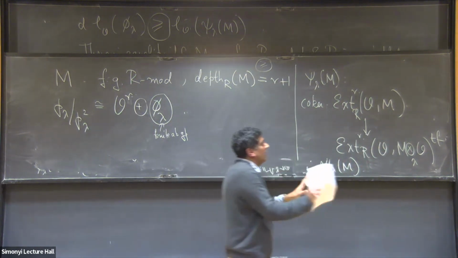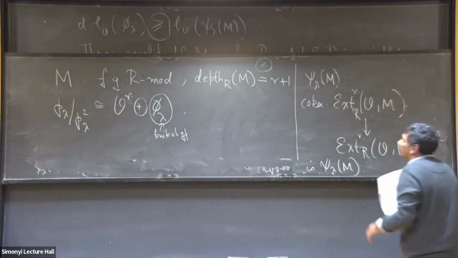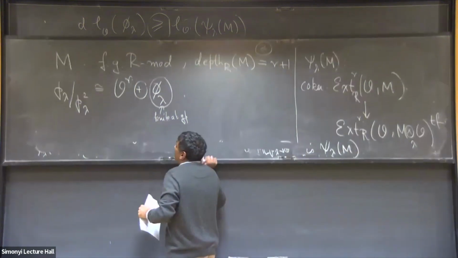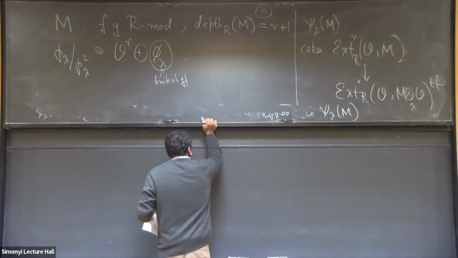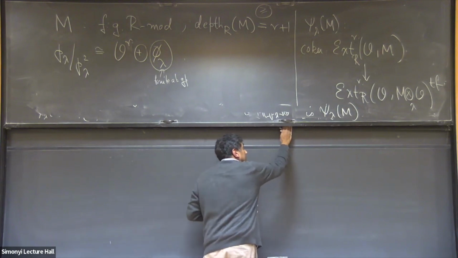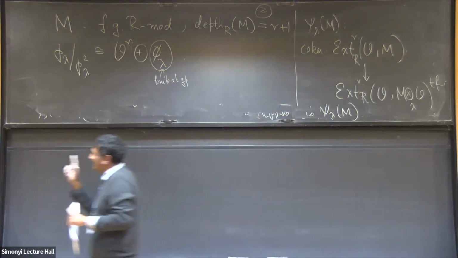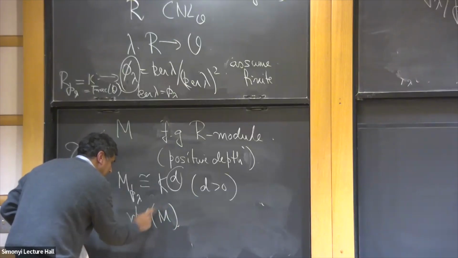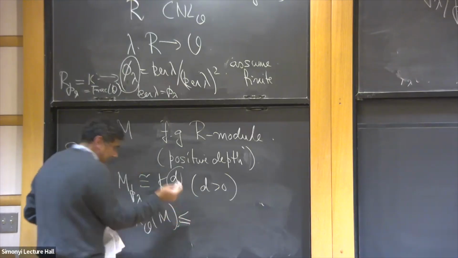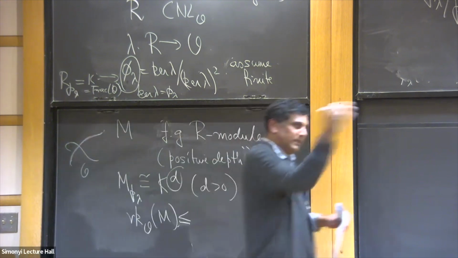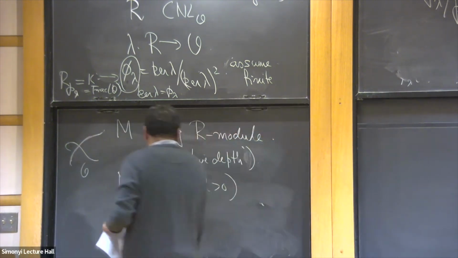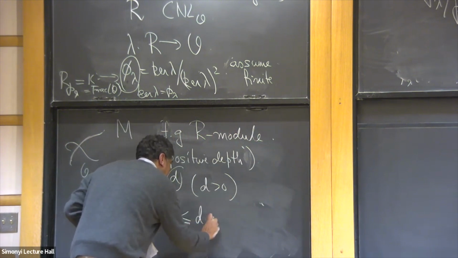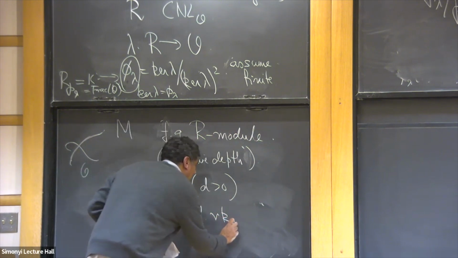So just replacing R0 by R, we get the generalization of the Wiles-Diamond criterion. There's a small wrinkle: when one doesn't get freeness, one gets some direct summand property. I forgot to state some key property in the Wiles-Diamond criterion. One assumes that the rank of M as an O module is less than or equal to D times the rank of O, where the rank dominates all the other ranks.